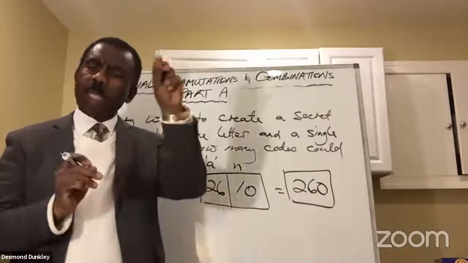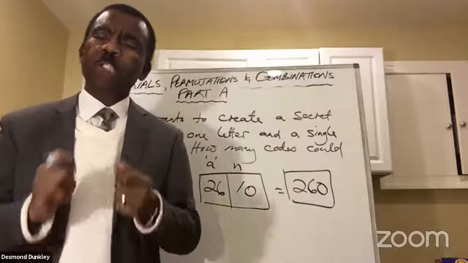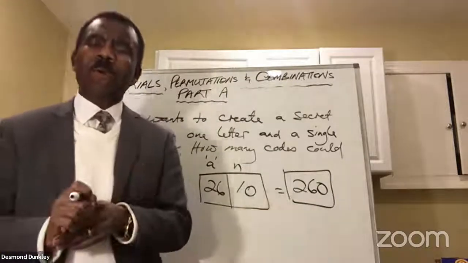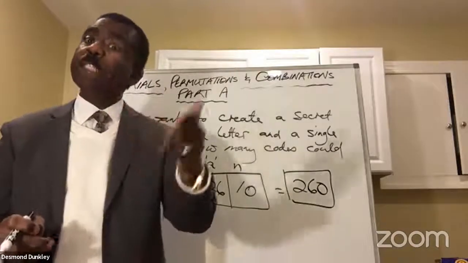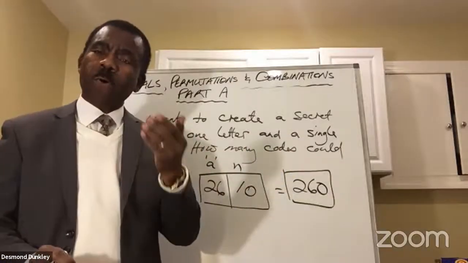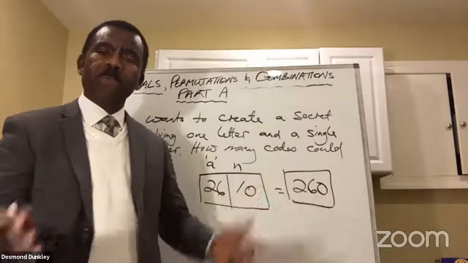We'll decide which way to go, because many times they will not tell you that you must use permutation, or you must use combination, or you must use the multiplication principle. It is for you to read and discern which approach to take. And it's all in the language used in the problem described.